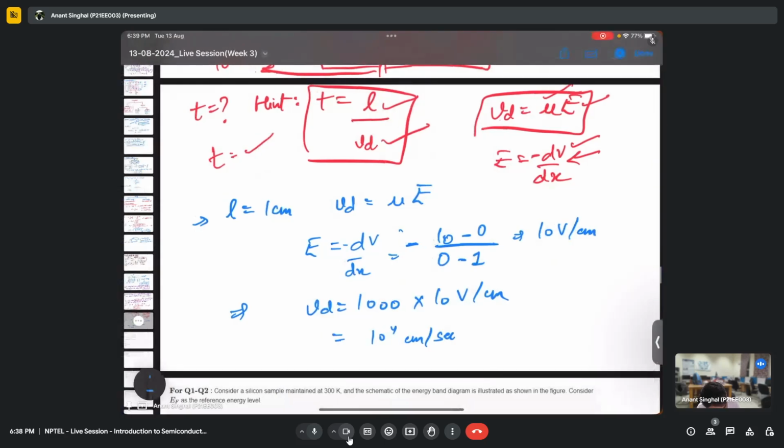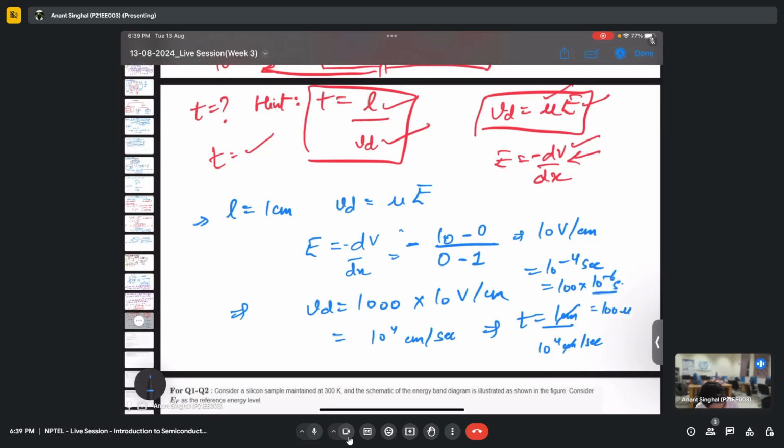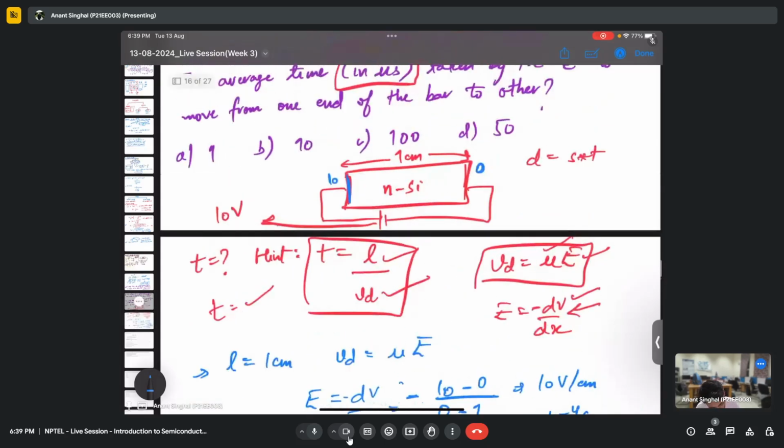And once we have this, we can easily calculate the time, which is L, again 1 centimeter, divided by 10 raised to 4 centimeter per second. So this will give me 10 raised to minus 4 seconds. That is 100 into 10 raised to minus 6 seconds, which is nothing but 100 microseconds. So the answer will be option C.